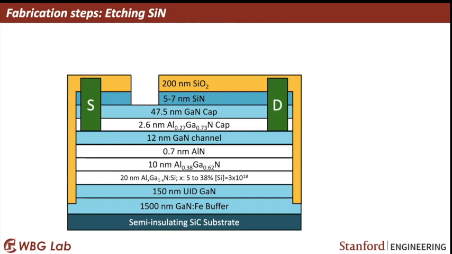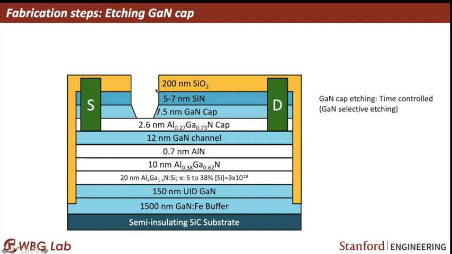I'm just saying it simply, but you need to do different testing at each layer. When you do one step, let's say an etching, then you need to confirm that you have etched 5 nanometers and you have landed on this layer. Then you do the next one, and this needs to be very smooth.